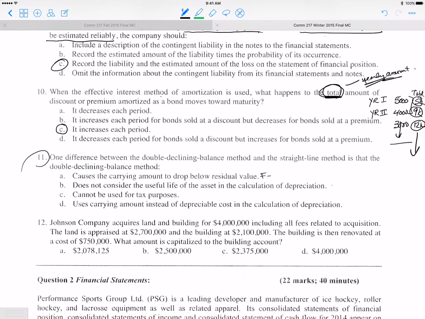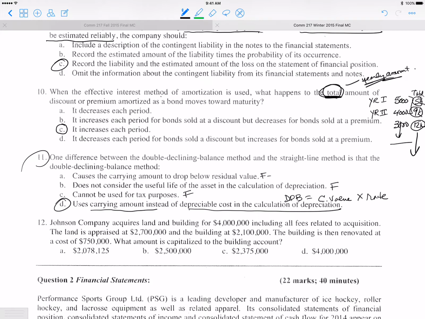That's also false. Cannot be used for tax purposes. That's false. So the last one is D. It uses the carrying amount instead of the depreciable cost in the calculation. We all know that double declining balance is carrying value times the rate, so it uses the carrying amount, not the depreciable value.